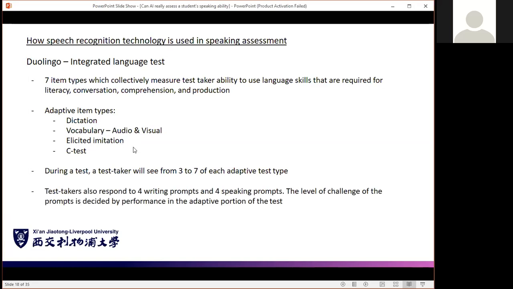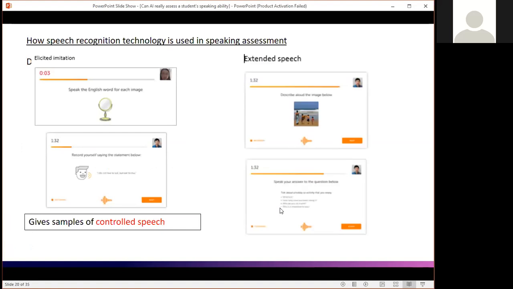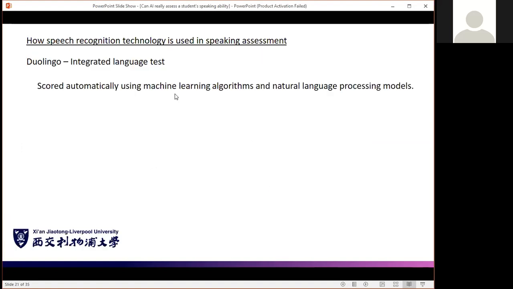And for the writing and speaking prompts, it definitely needs that, because it's looking at spontaneous language use. The features that are taken into account for the controlled speech, it just focuses on fluency and phonological features.